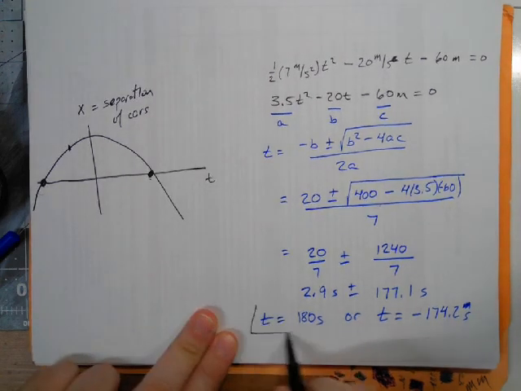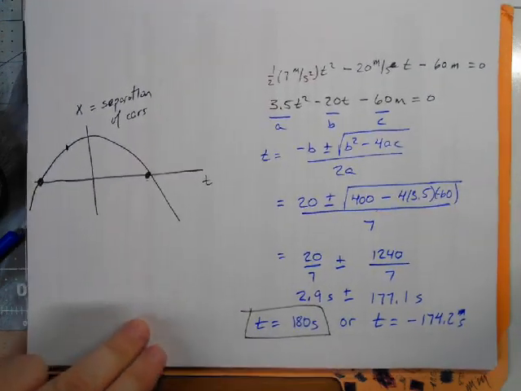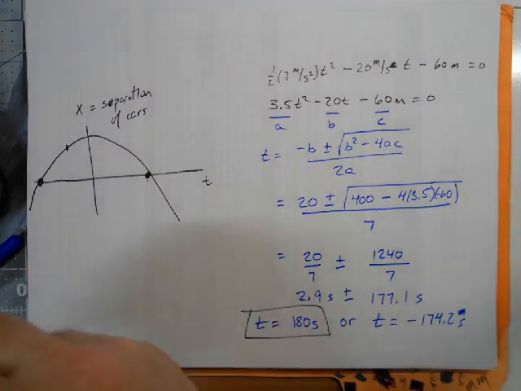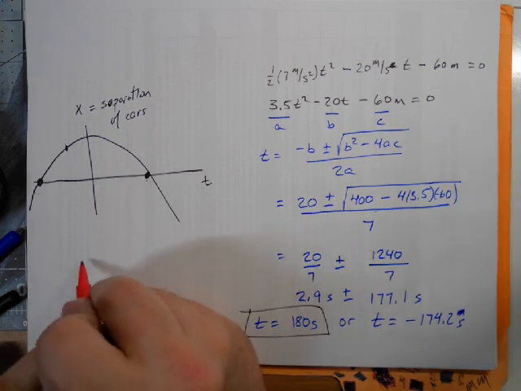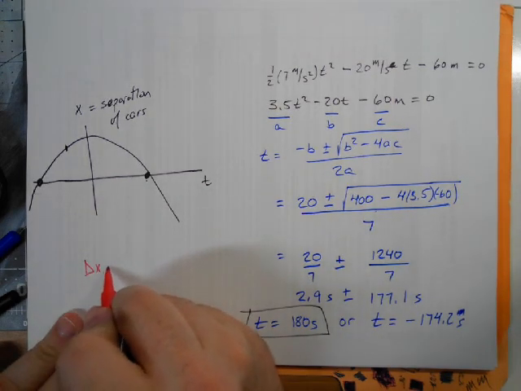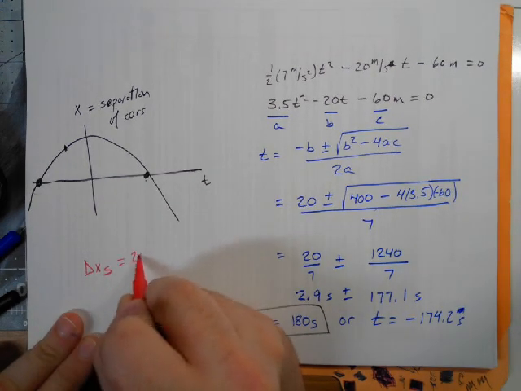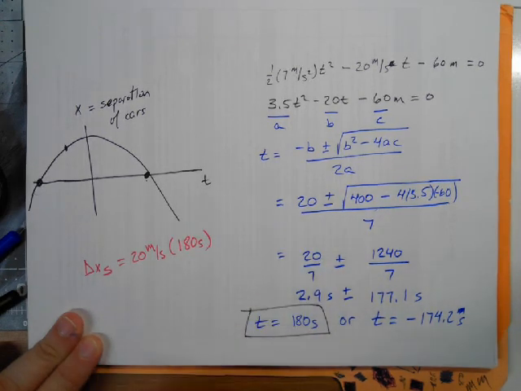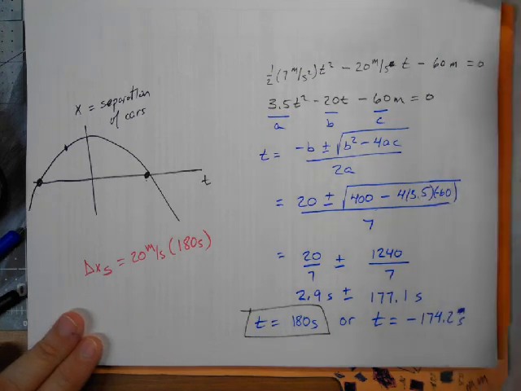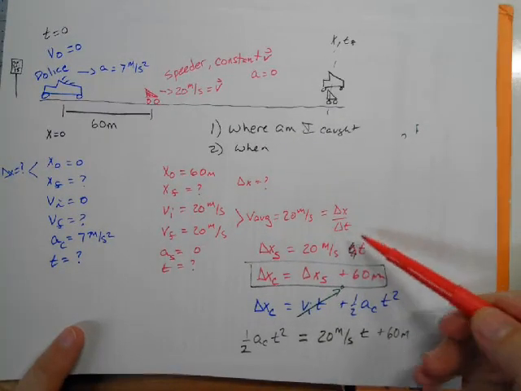So that says this is our time, 180 seconds. That means we can immediately jump to where did I get caught? Our delta x for the speeder is going to be 20 meters per second times 180 seconds. All right, and that's coming from our equations up here.